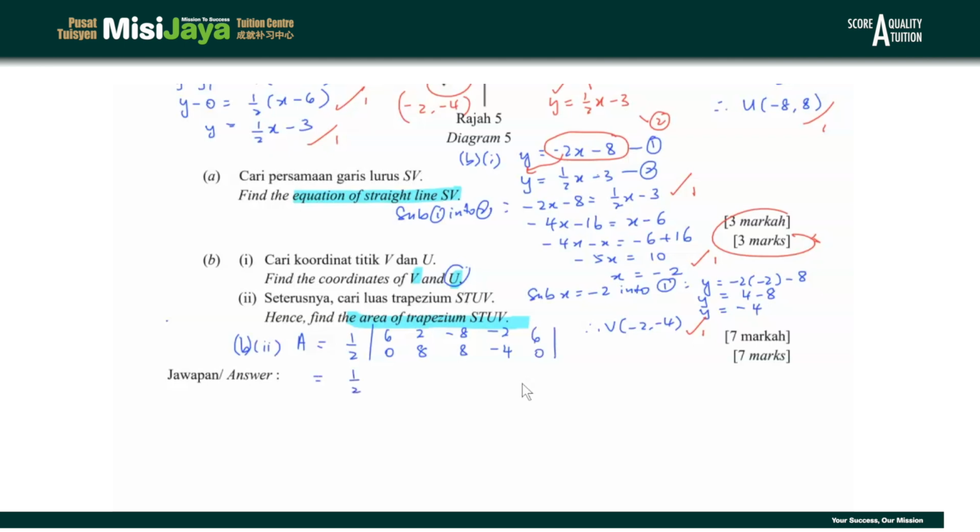So half, 6 times 8 plus 2 times 8 plus -8 times -4 plus -2 times 0.